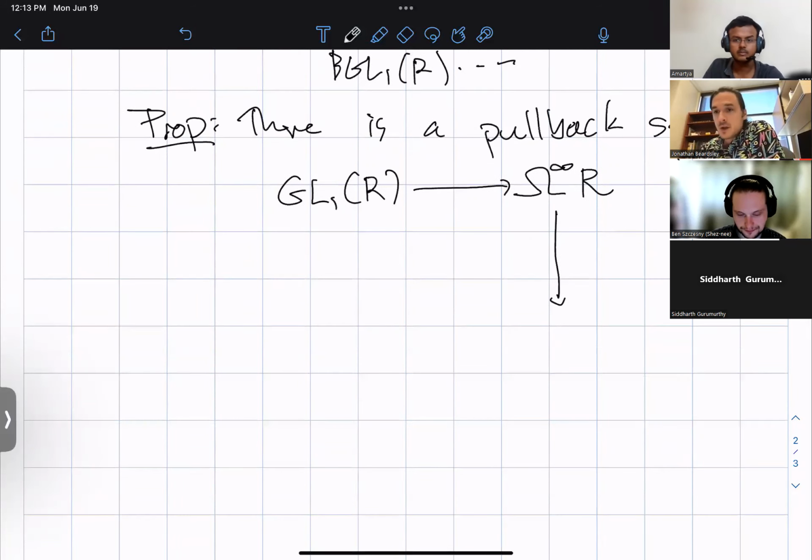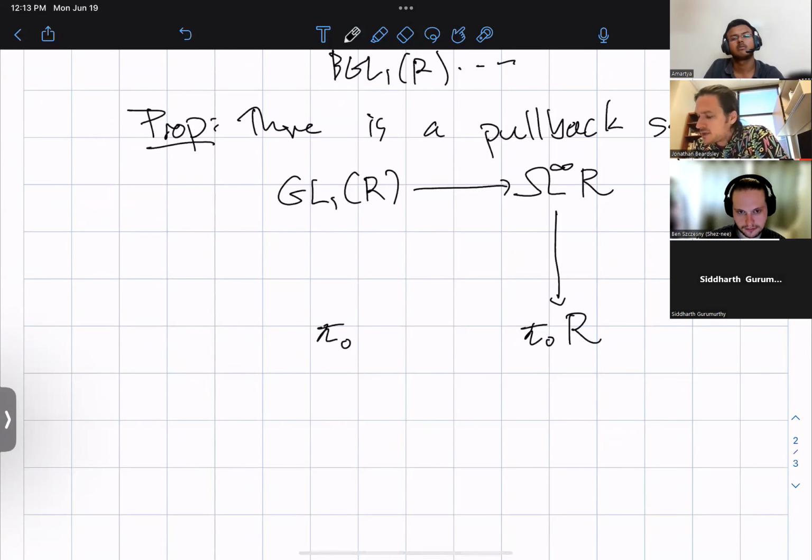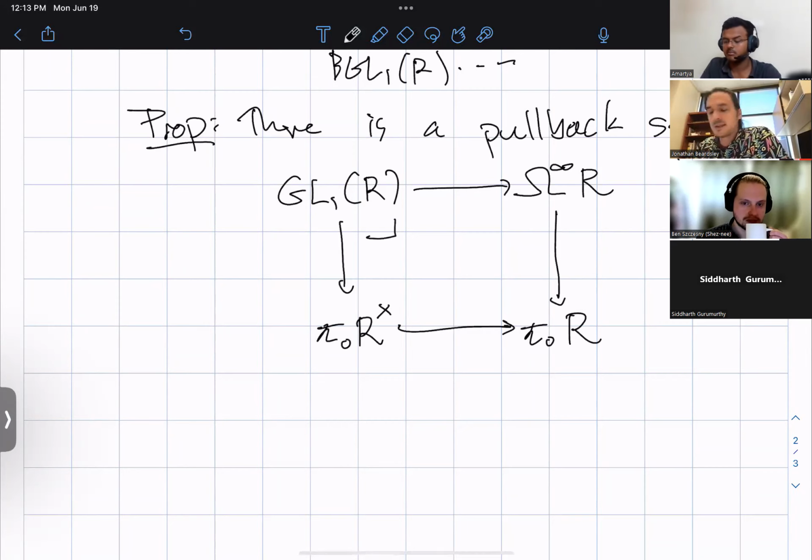You notice that loops infinity R maps by truncation down to pi 0 of R. Because R is a commutative ring spectrum, pi 0 has a ring structure, so you can take the units and include them in there and then take the pullback. All this is really saying is that GL1 of R really is basically loops infinity R, but you've just taken the components that live over invertible things in pi 0.